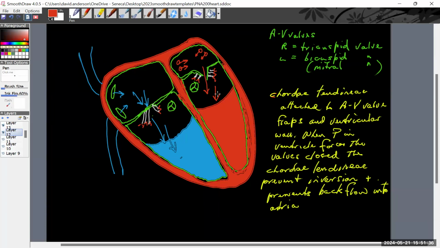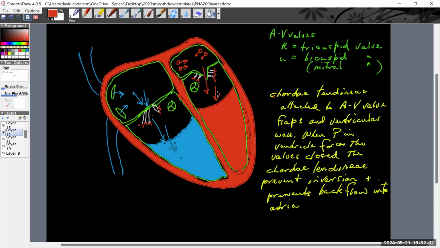And as the ventricle fills up, eventually the pressure in the ventricle is going to get greater than it is in the atrium, and that will force the valves on the left side to close the same way they already closed on the right-hand side, and the chordae tendineae play the same role on this side as they did on the other.